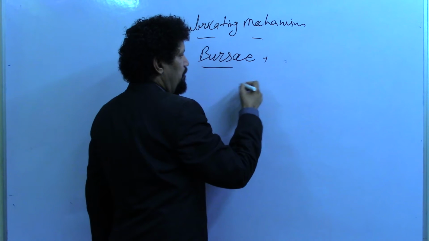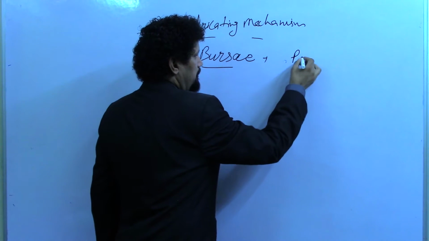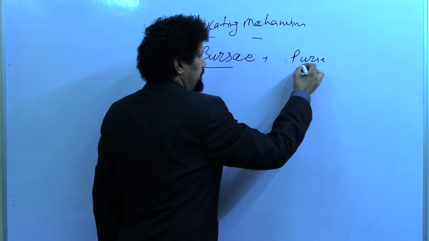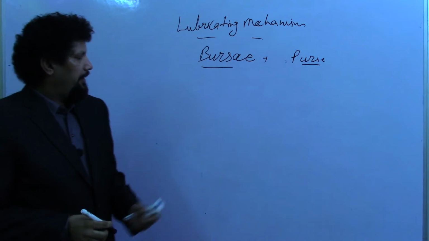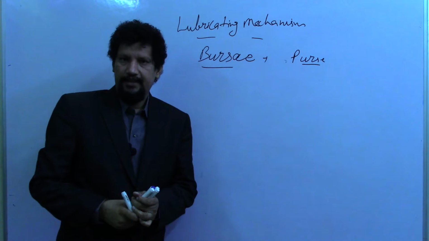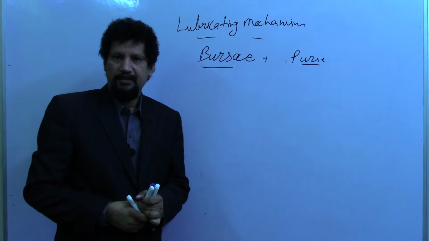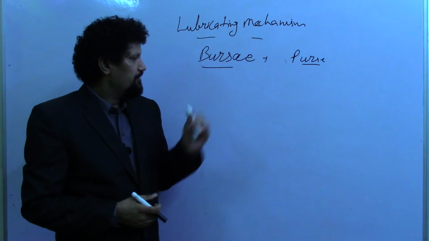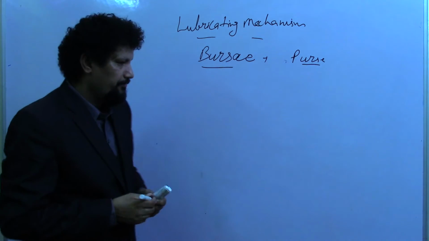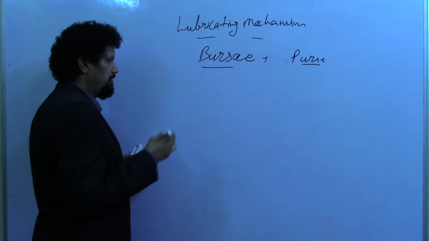The Latin meaning of bursae is the purse. So a purse is a collection of fluid interposed between the two tendons, tendon and muscle, tendon and joint, or the tendon and bone, and the tendon and the ligament. So these are different mechanisms.